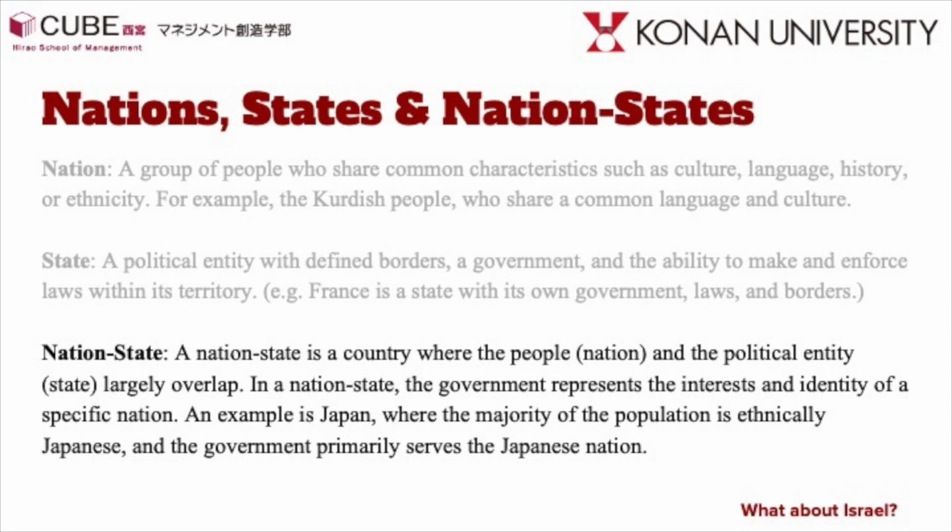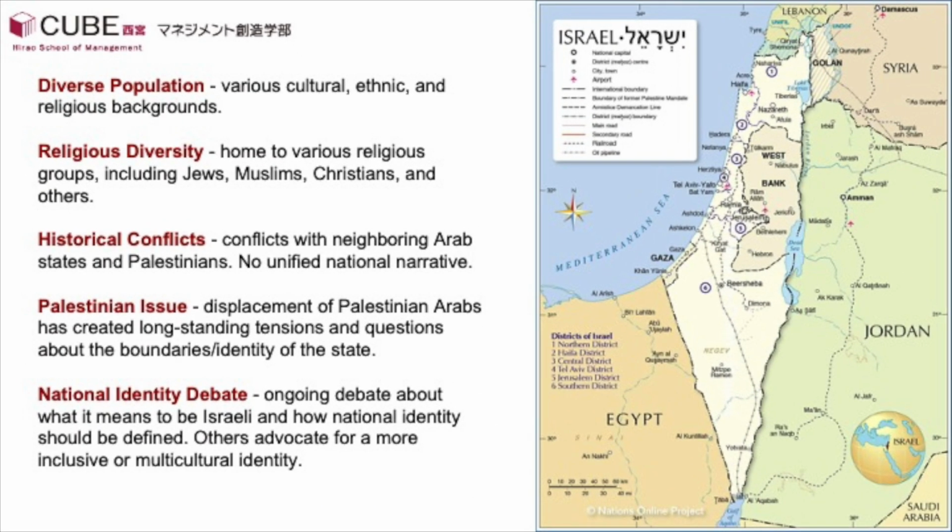So what about Israel? Here are a few of the complexities: the diverse population, religious diversity, historical conflicts, the Palestinian issue, also the national identity debate, and others as well.